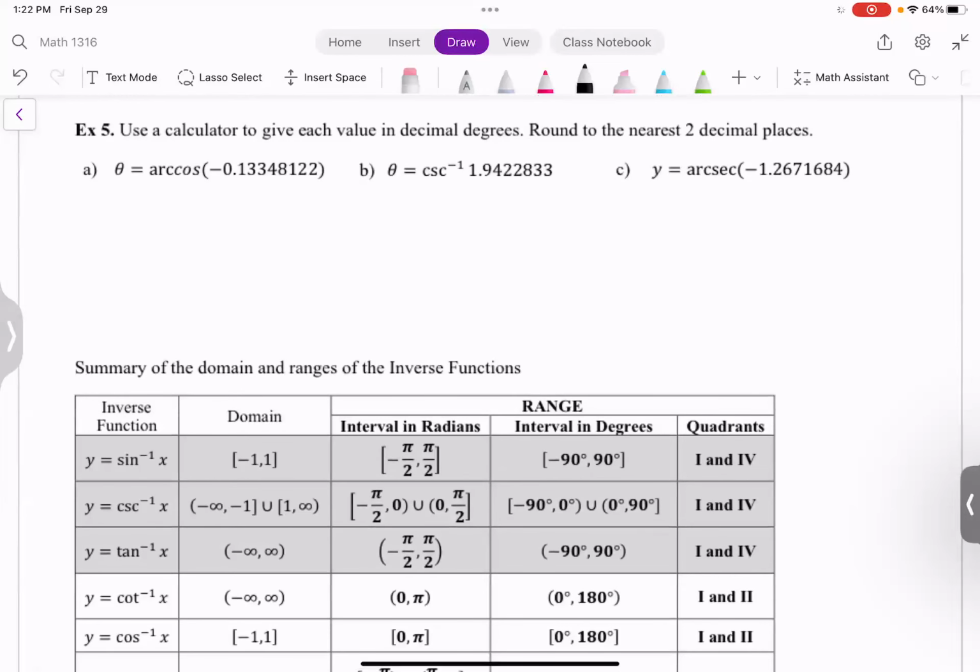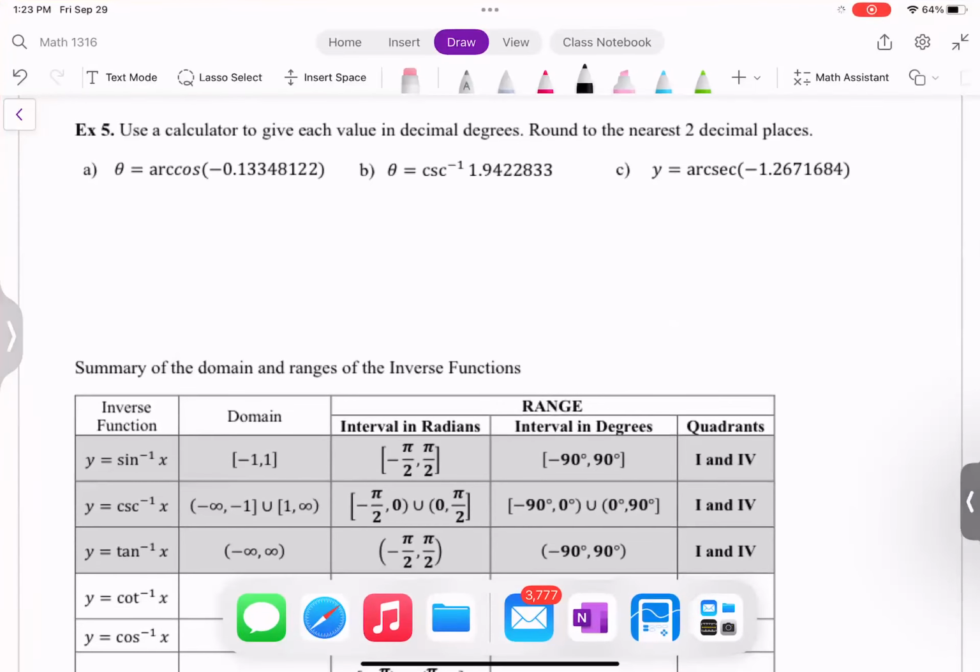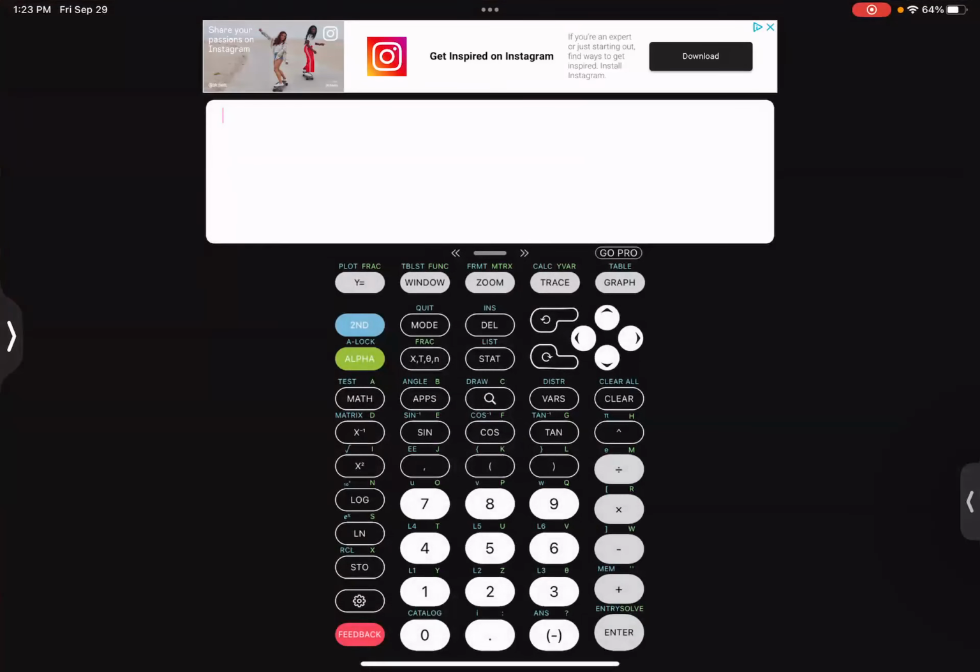Use a calculator to give each value in decimal degrees, rounded to the nearest 2 decimal places. Let's find the arc cosine of negative 0.13348122. Let's use our calculator to evaluate that. This is the inverse of cosine. We click second, we click cosine.